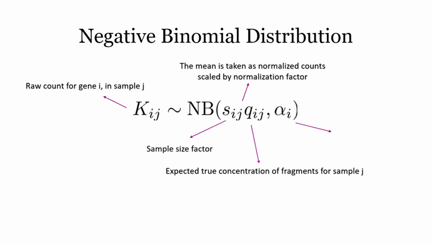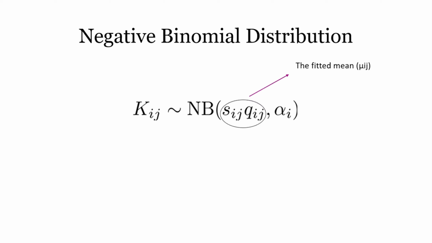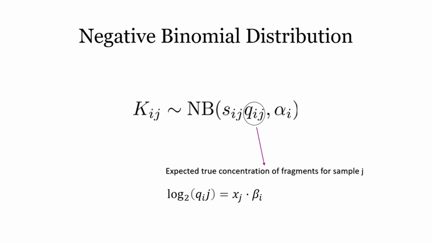Alpha sub i is the gene-specific dispersion parameter. The sij qij is the fitted mean, which is the sample size factor times the expected true concentration in sample j. qij is the expected true concentration of fragments for sample j.